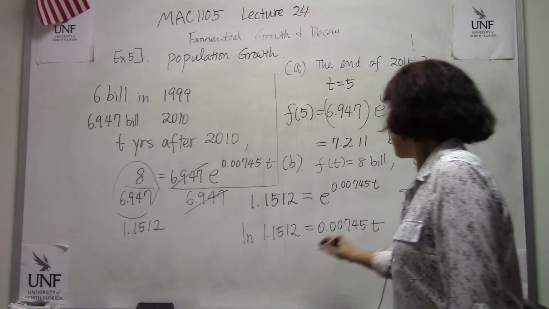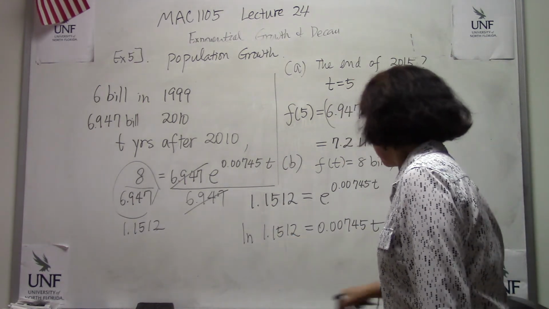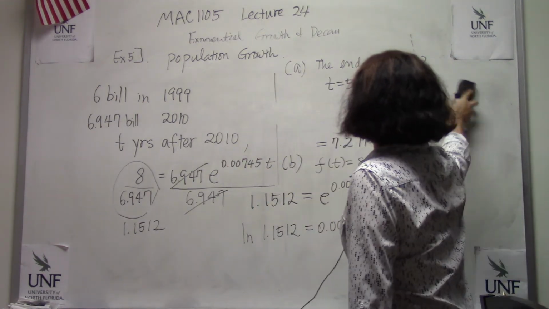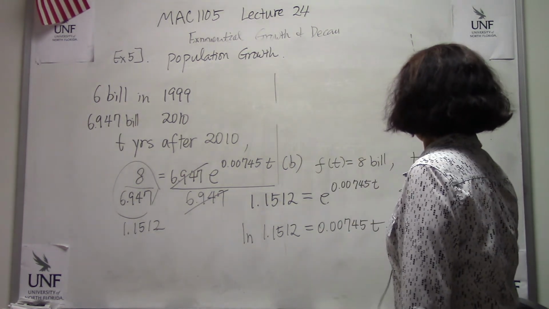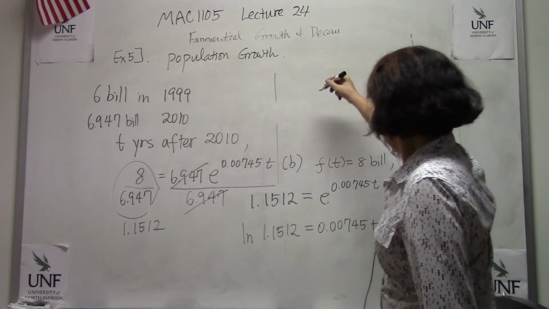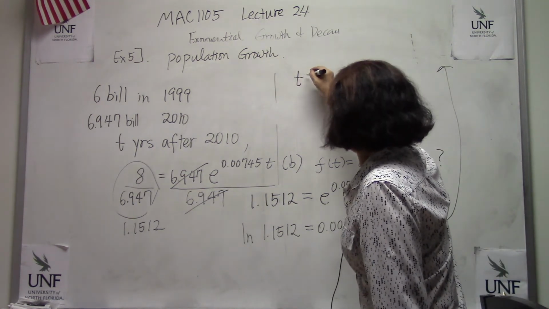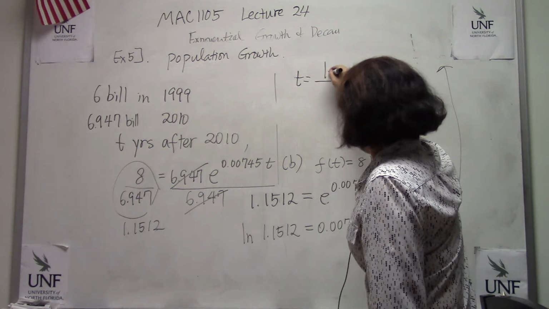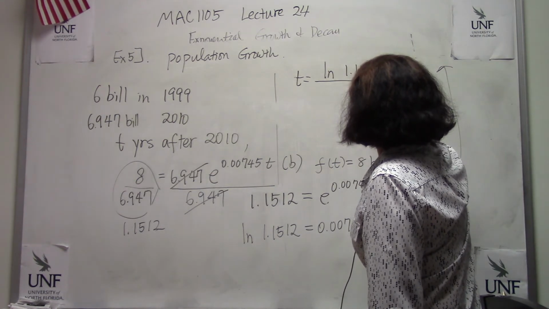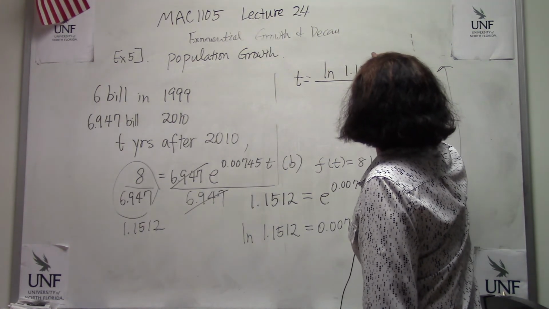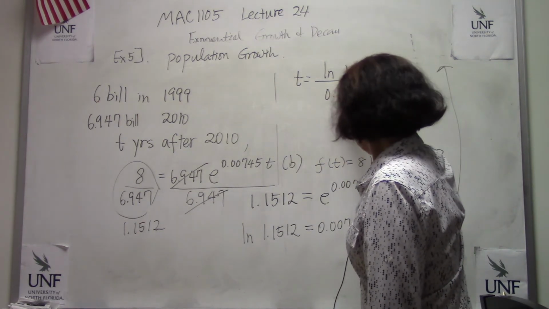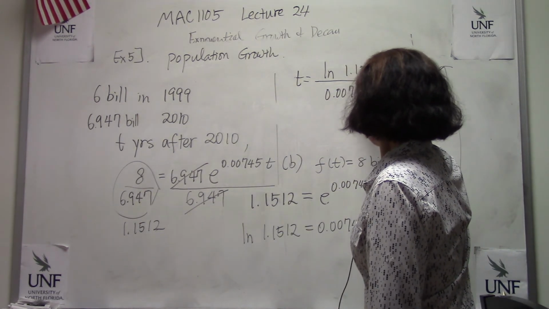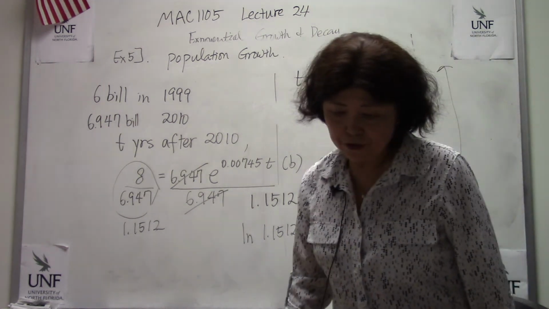So what is t? t equals ln 1.1512 over this number, 0.00745. What do you get?